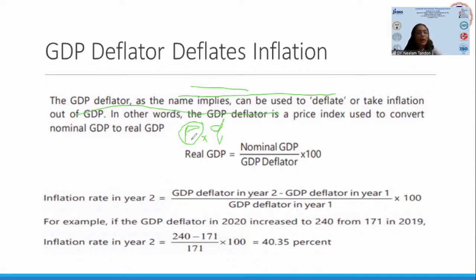So when you take the price of the base year 11 and 12 and the output of 2021, 22, you are calculating real GDP. But if you take the price of 2021, 22 and the output of 21, 22, you're getting nominal GDP. So this is the difference you should know about.